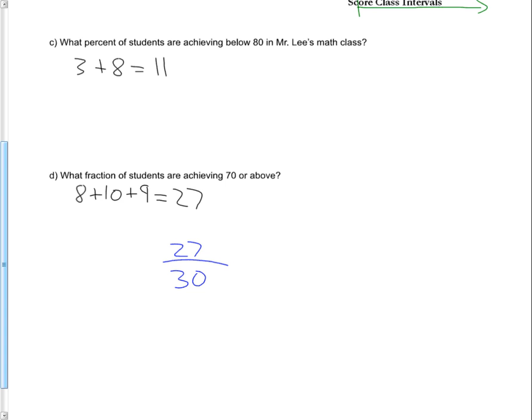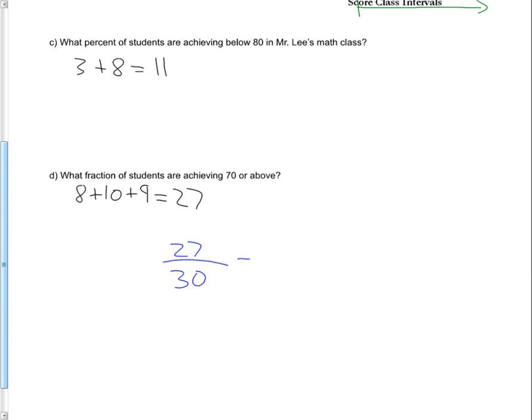So we need to convert this into a fraction in lowest terms, because this is a fraction, and that is correct, but we always want to write it as a fraction in lowest terms. 27 and 30 are not both divisible by 2, because 27 is an odd number, but they are both divisible by 3.